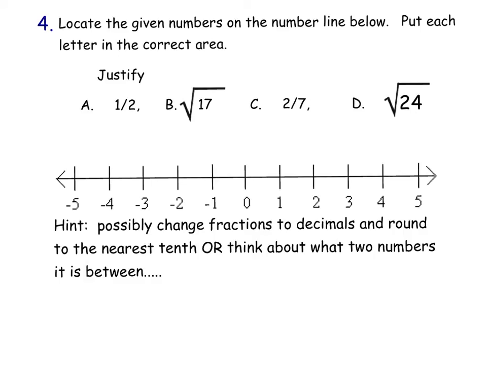So some of your assignment today is just approximating, but our real goal is to approximate to help us put numbers on the number line. So we're going to do like we did before, but we do have 2 that we need to estimate. So 1/2, A, 1/2 is 0.5, so that one's pretty easy, 0.5.